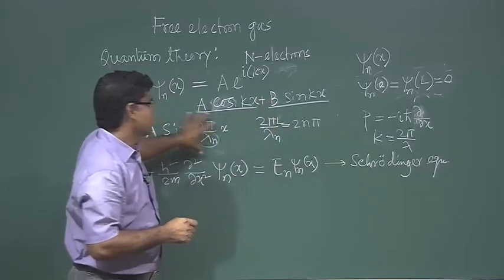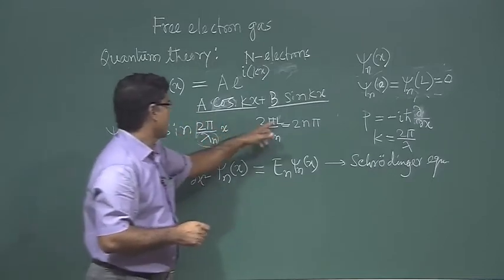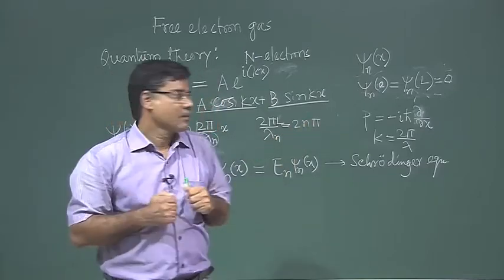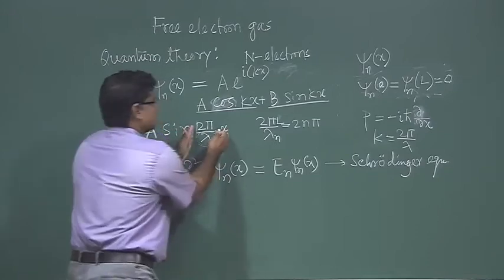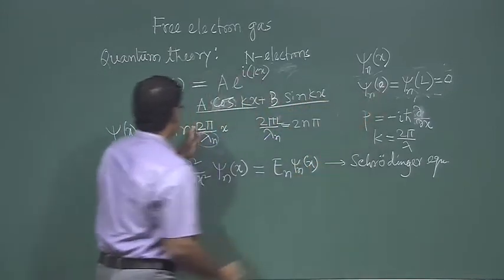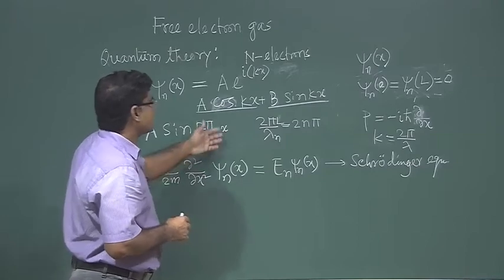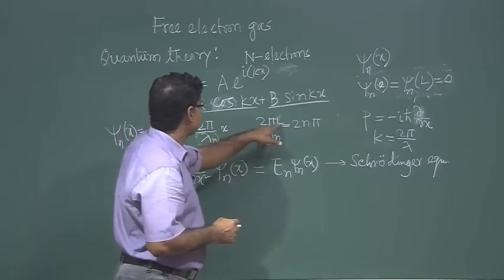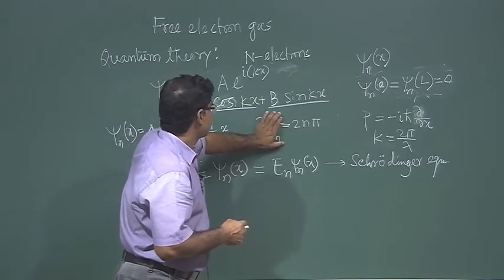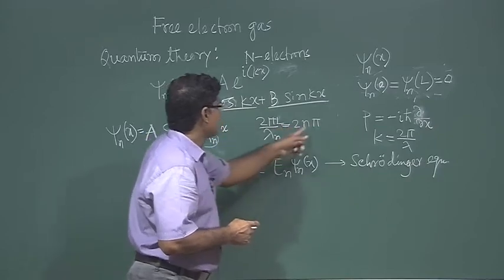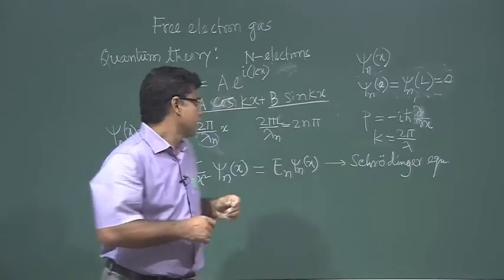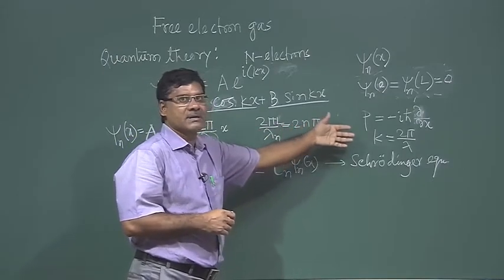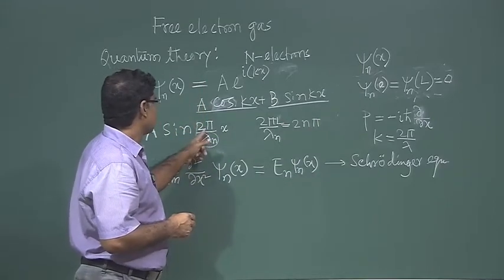At L it has to vanish, right. So, 2 pi L by lambda n should equal 2 n pi. If it is this form, it will satisfy both conditions. For x equal to 0 it is obvious this will be 0, and for x equal to L, if this is 2 n pi with n an integer, 1, 2, 3, okay, so 2 pi, 4 pi, 6 pi, whatever.